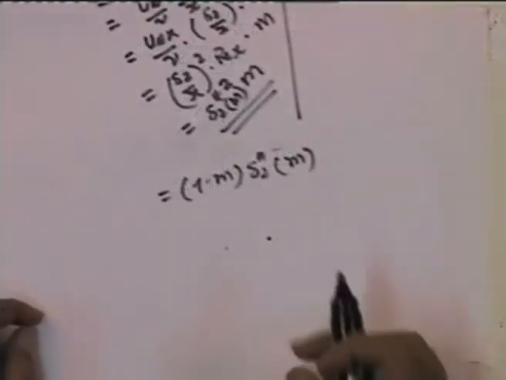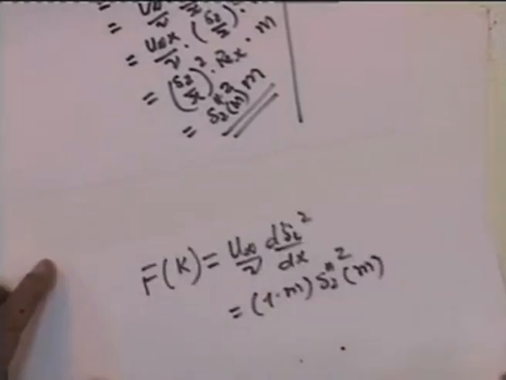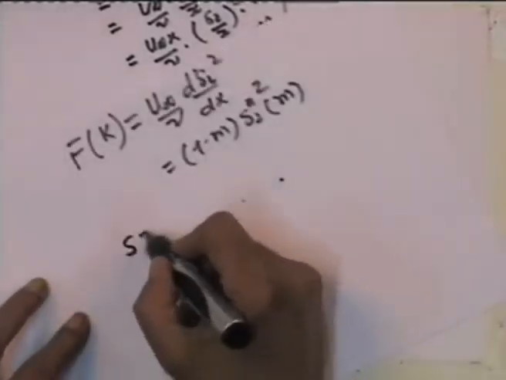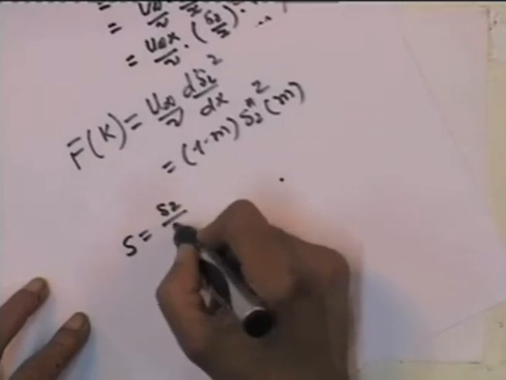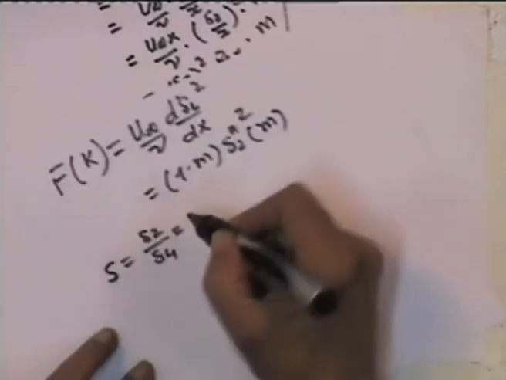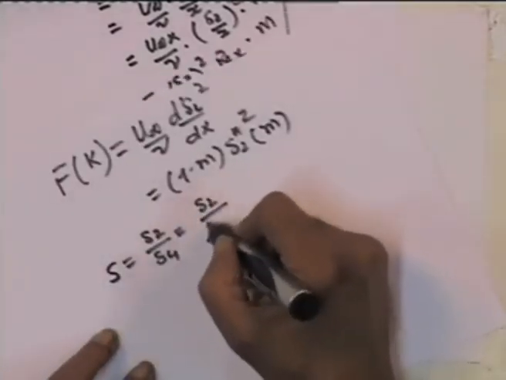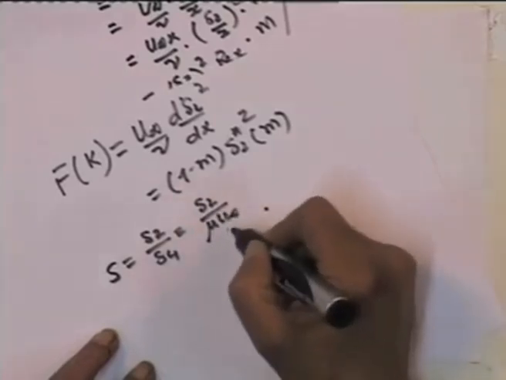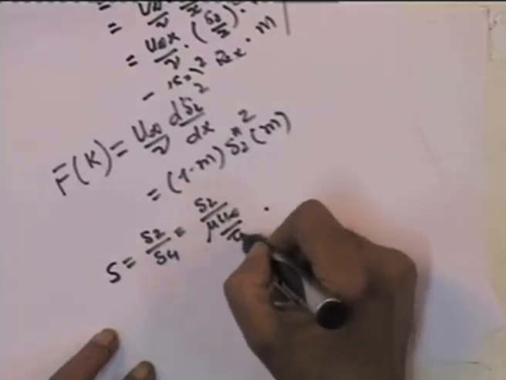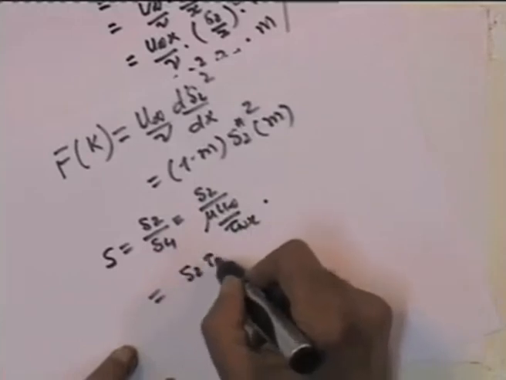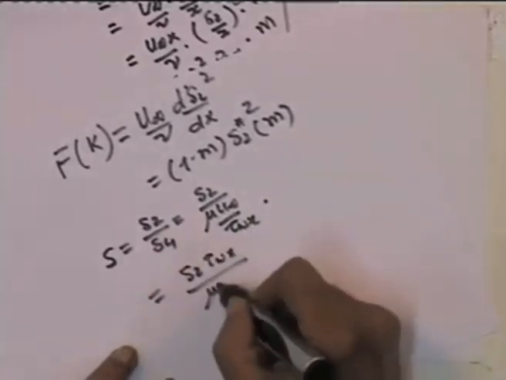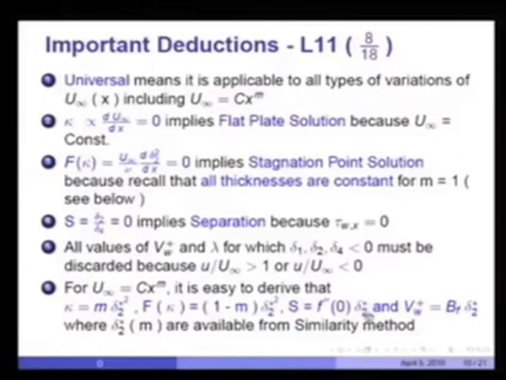You can also show S, for example. What is S? S is equal to delta 2 by delta 4, and that is equal to delta 2 divided by mu u infinity by tau w, or delta 2 tau w divided by mu u infinity. This term can be shown to be equal to f double prime 0 into delta 2 star. It is simply a question of manipulation here.